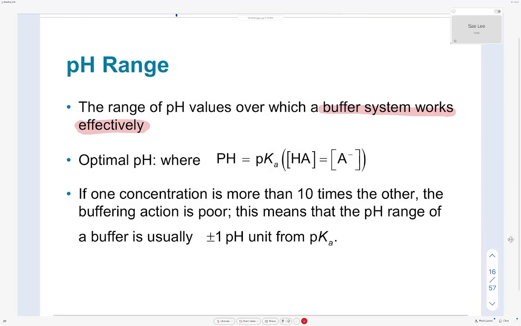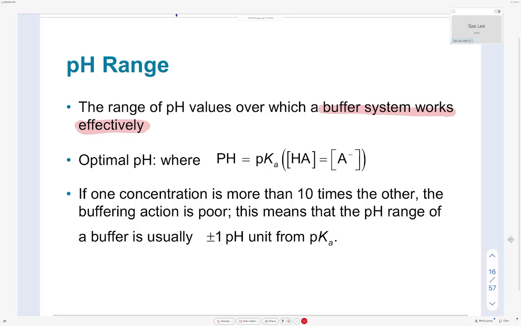The optimal pH where buffers most effectively resist change in pH in either direction is when the concentrations of weak acid and conjugate base are about the same. In this situation, the buffer works most effectively, where the concentration of weak acid and conjugate base are about the same, or when pH equals pKa.